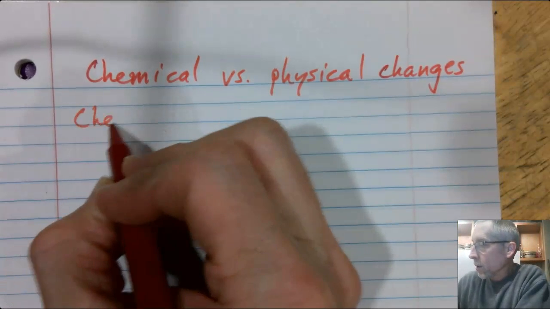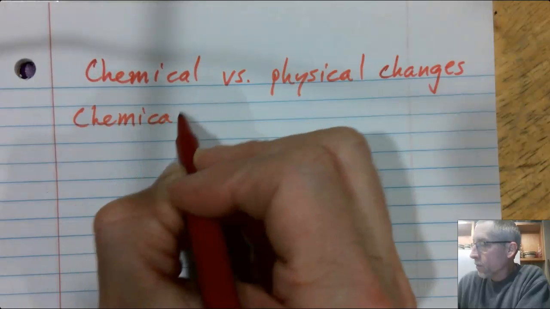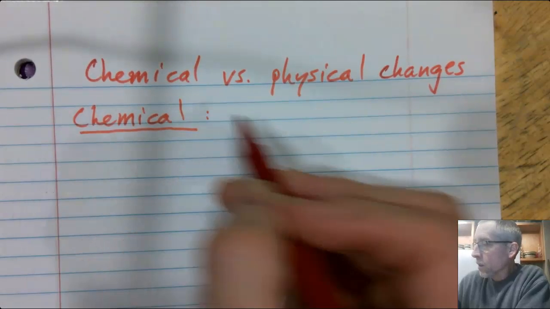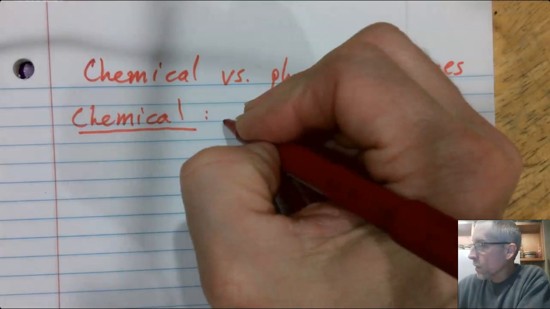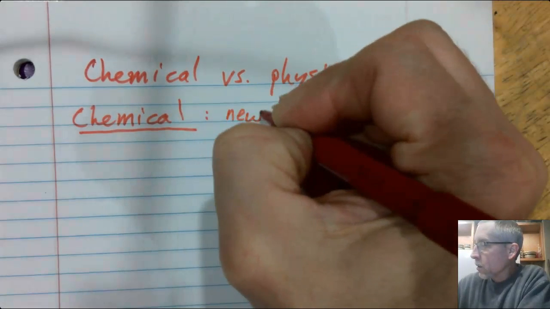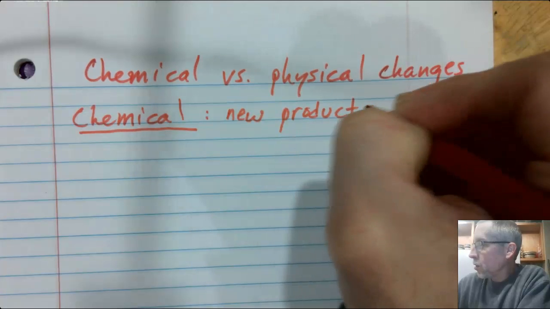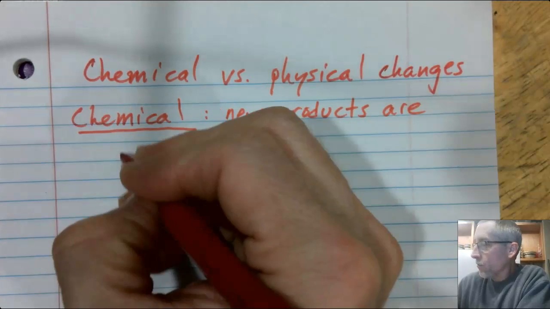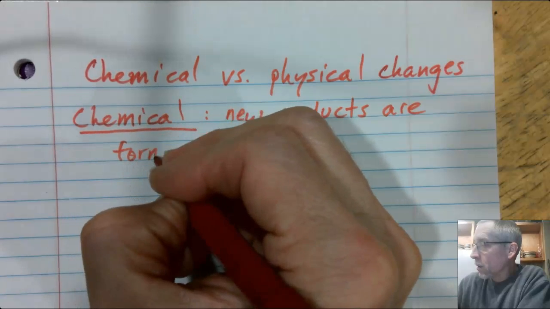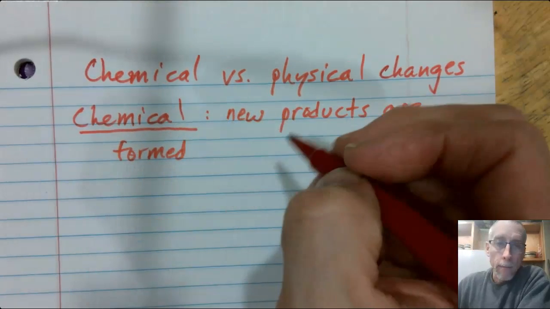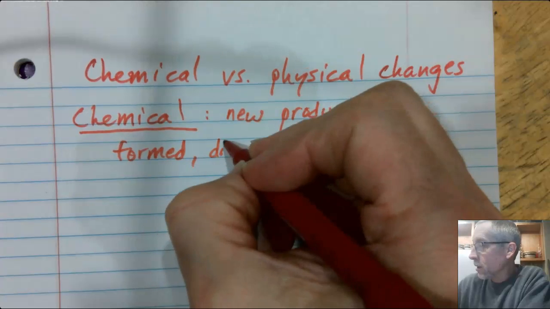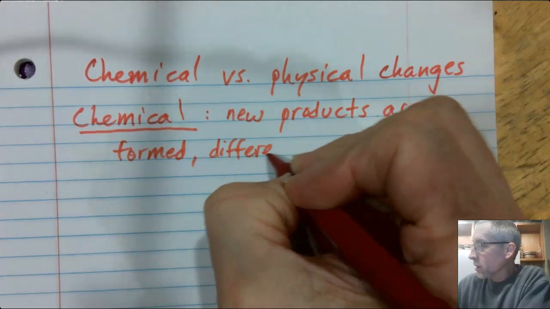So if we start with chemical, here's the key. You'll know it's a chemical change when new products are formed. Okay, so these are going to be different than the reactants.